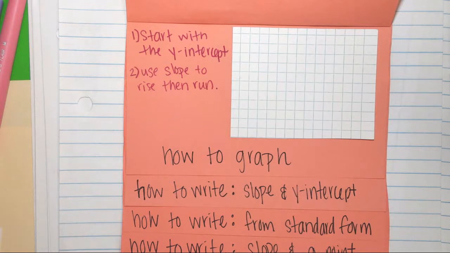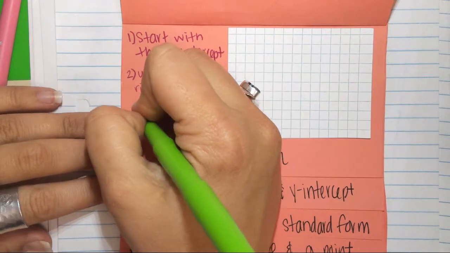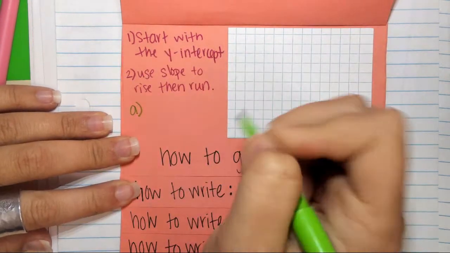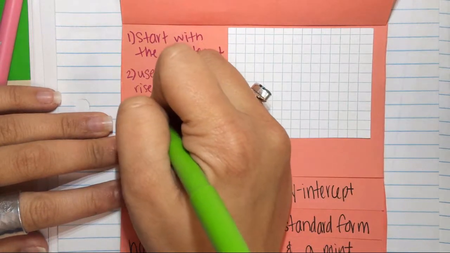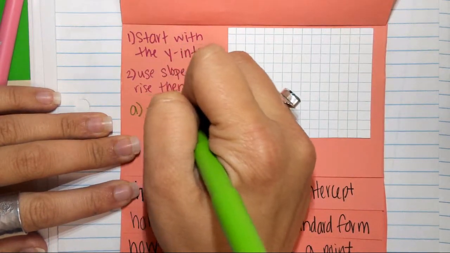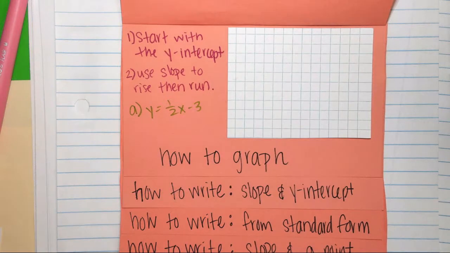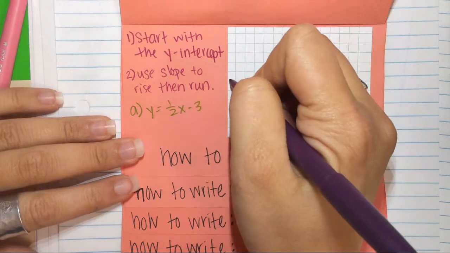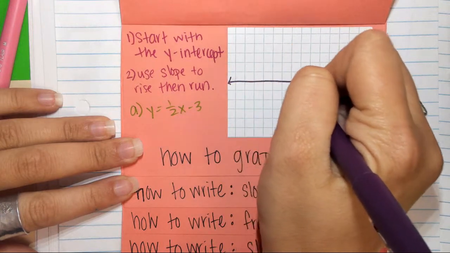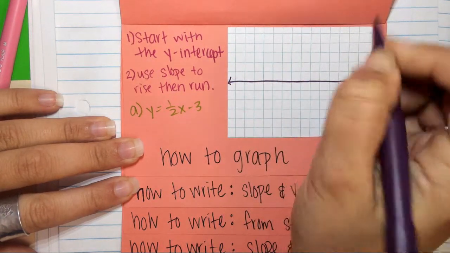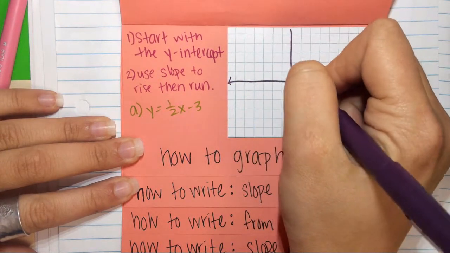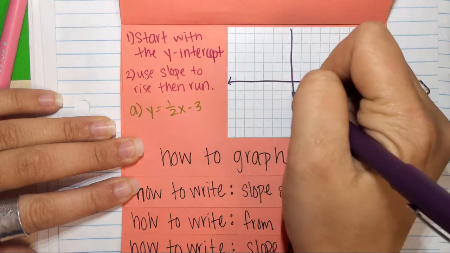So my first problem, we're going to graph two baby lines on here. My first one, I'm going to graph A. I'm going to graph it in green. And it says y equals 1/2 x minus 3. So then on here, I'm going to draw a coordinate plane.